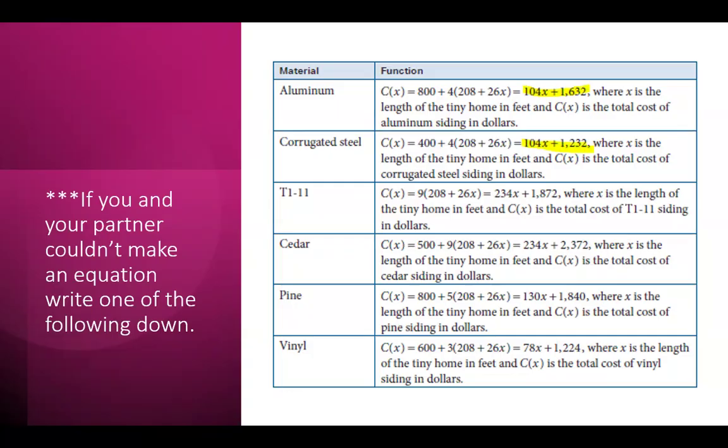And then corrugated steel, T111, cedar, pine, and vinyl. That's because you took what it cost and multiplied by what you needed.